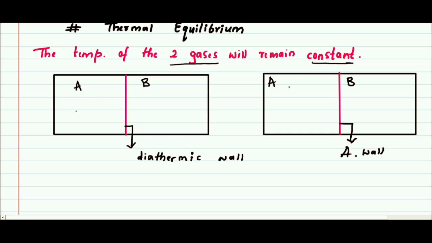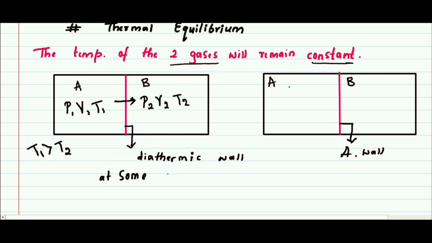So here we have taken pressure P1, volume V1 and temperature T1 in system A, and in system B, pressure P2, volume V2 as well as temperature T2. So in the diathermic wall, one condition is given here, that is temperature T1 is greater than temperature T2. So the heat will move from the higher temperature to the lower temperature, and T1 and T2 will be interchanged, and at some point they will attain equilibrium.